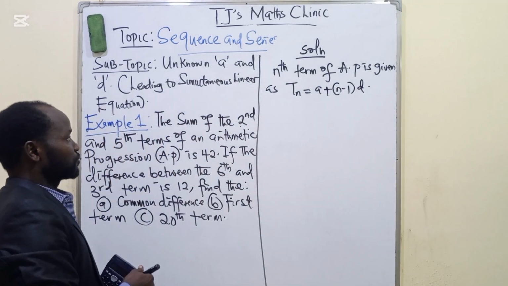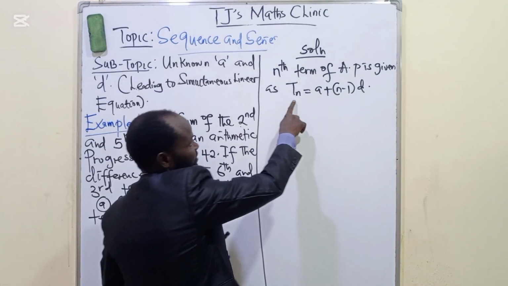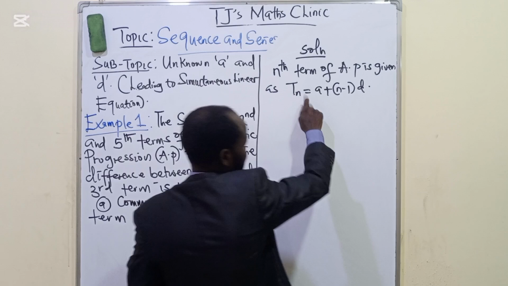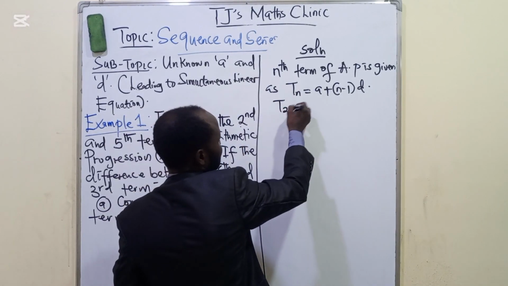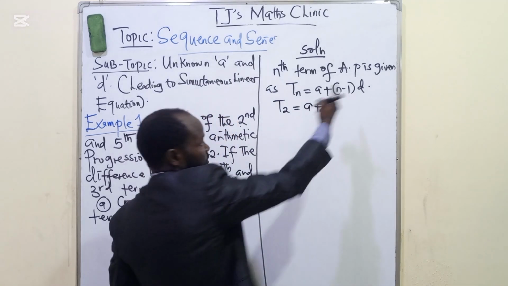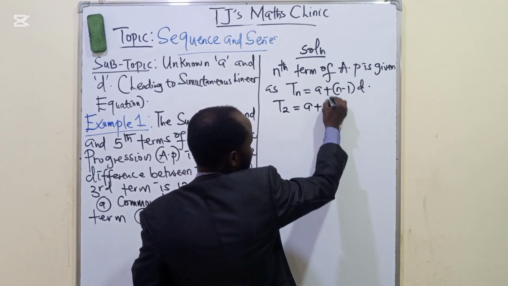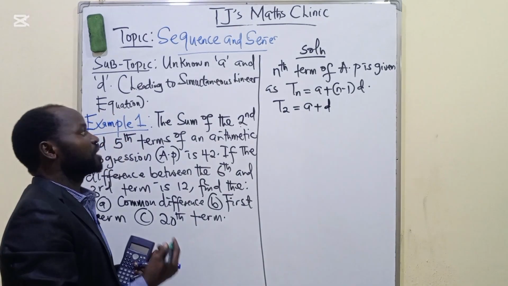Very important. So when we are looking at the second term, which is t2, it means n is equal to 2. Let's substitute n equals 2 into this. So t2 will be equal to a plus (2 minus 1), which is 1, times d, that's d. It means t2 is nothing but a plus d.